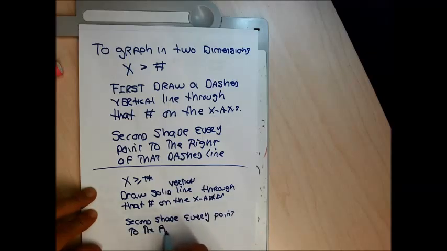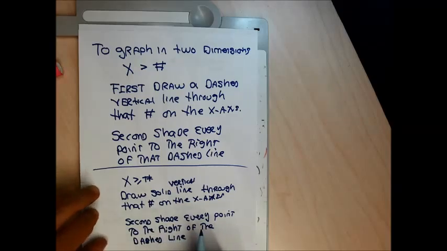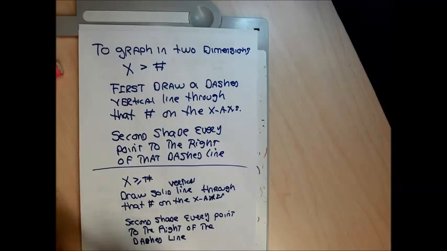So to finish up my problem, I need to shade. Every two-dimensional inequality graph is going to have shading on the entire one side of the line and no shading on the other.